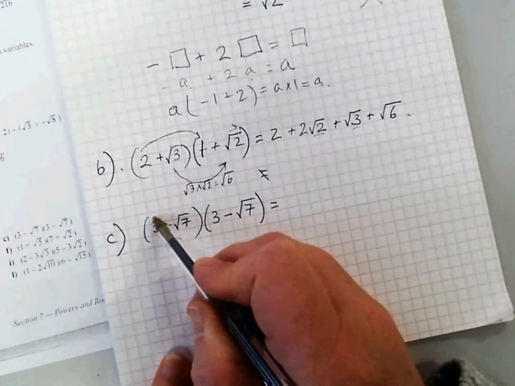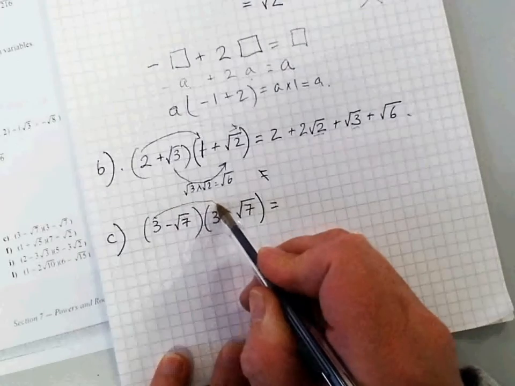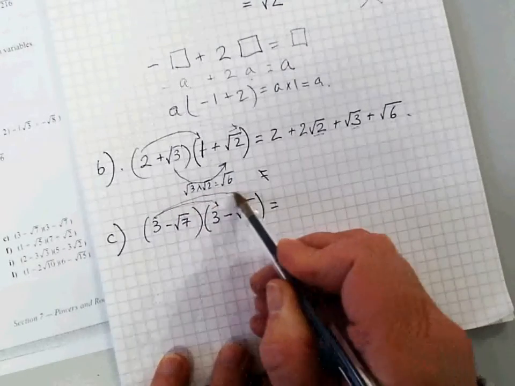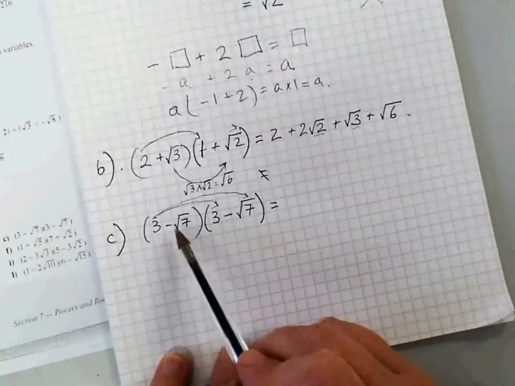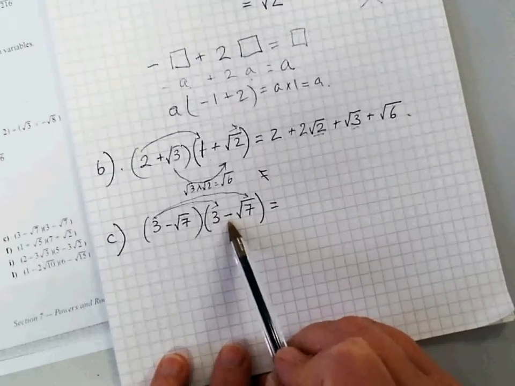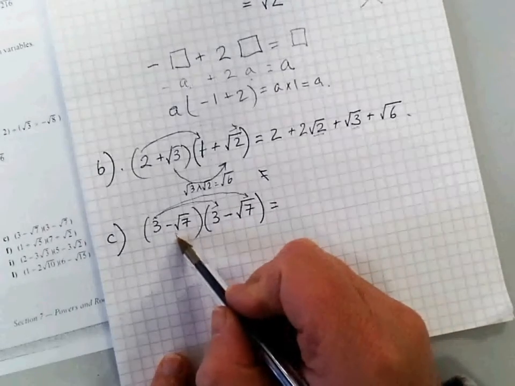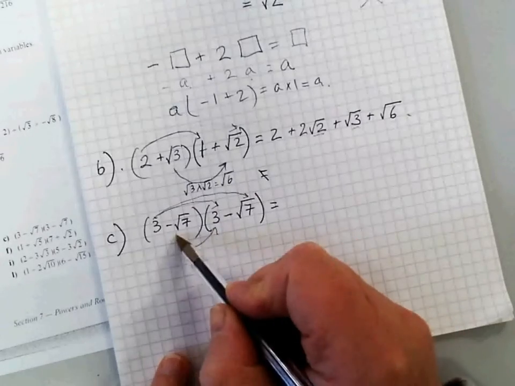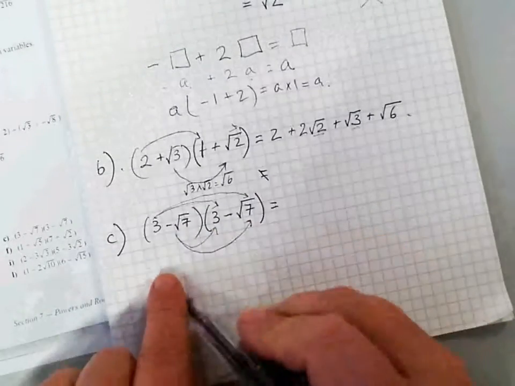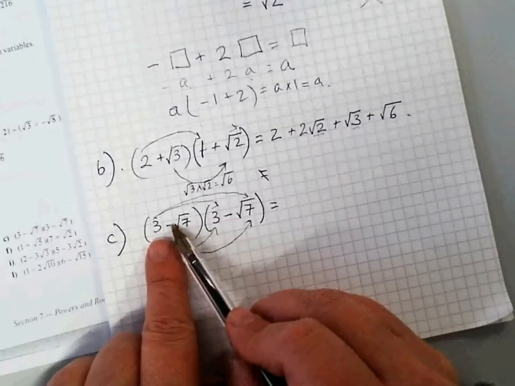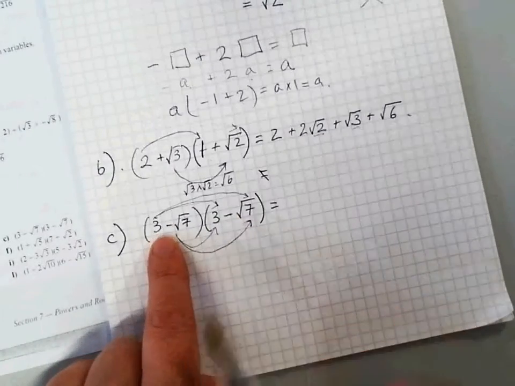Okay, that's how you do it. We multiply the first number by everything inside of the second bracket, taking into account signs. Please note there is a positive here, and we'll do the same with the negative root of 7, multiplied by everything inside of the second bracket, and mind the signs: negative, positive, negative.